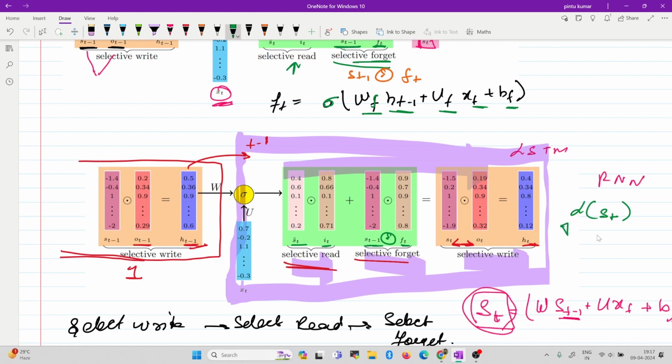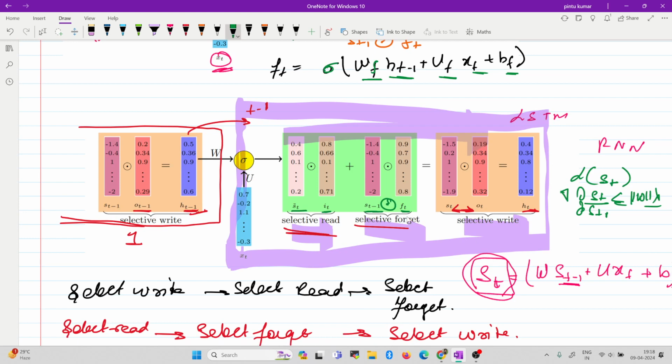So when you take the gradient of S of t with respect to S of t minus 1, rather than the usual chain that you have, earlier you had this bound with respect to W and lambda and so on. Now you will have one more term because of this forget gate, because these two are just a dot product, and that too a point-wise dot product. So you will have an extra term of F of t in your bound.